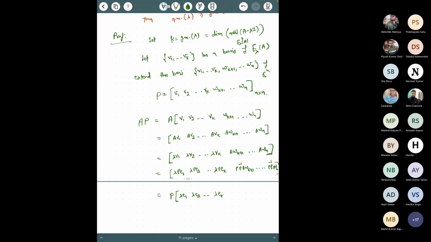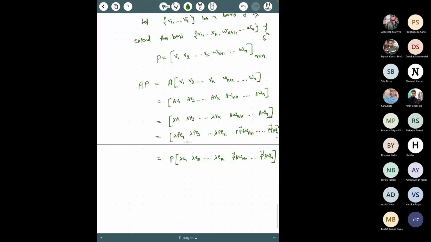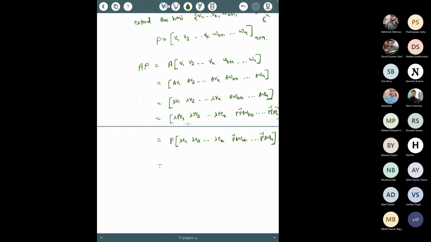If you look at the first k columns, it would be lambda in the diagonal entries and 0 in the rest. Then here there are these columns that I don't know, so I will write them as star. I don't care what these are. What I know is that the first block would be lambda times identity, of size k cross k.